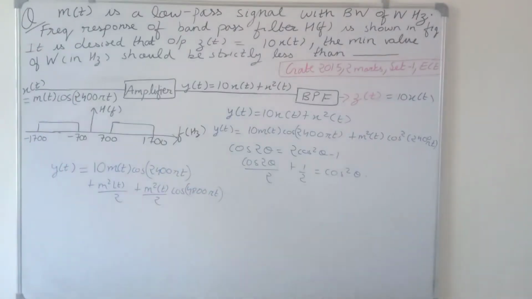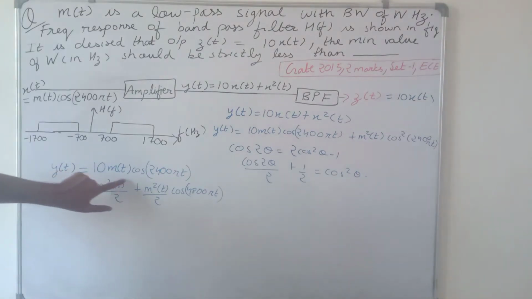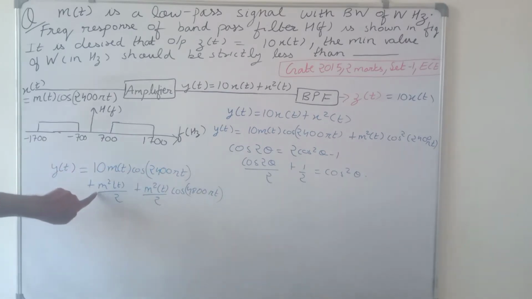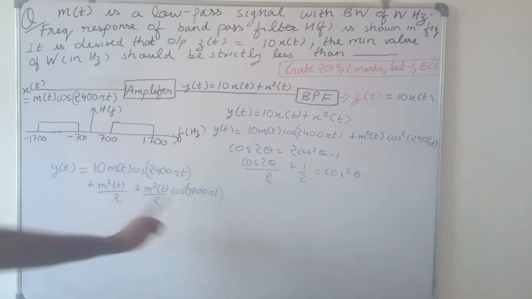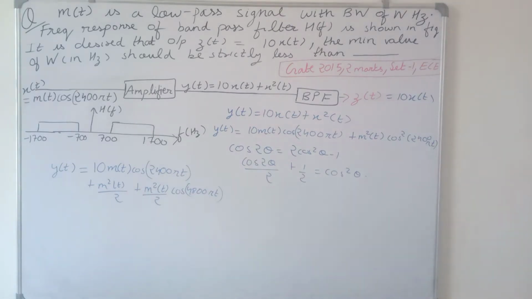This is the value of y(t). So we have to pass this signal 10 m(t) cos(2400 pi t), and we have to reject m square(t) by 2 plus m square(t) by 2 cos(4800 pi t). So we have to transmit this first part and reject these two parts.